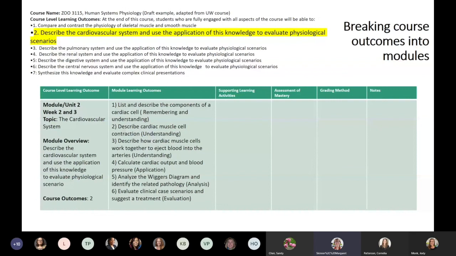As Jodie says, I wouldn't normally put the Bloom's taxonomy next to that. That was just to illuminate how I'm thinking about organising my learning outcomes. Thanks for pointing that out, Jodie.